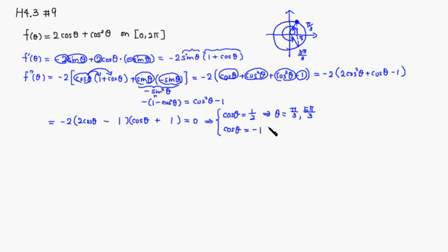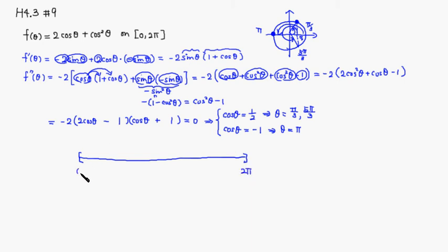All right, then cosine of theta is negative 1, which is right here on the x-axis. So the angle all the way to here is pi, so theta is equal to pi. All right, so we need to do a number line here, from 0 to 2 pi.